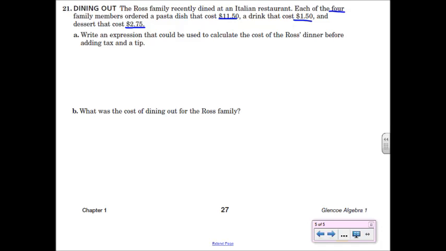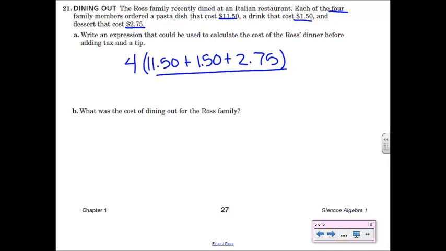So there's 4 meals that look exactly like that. So if we were to write an expression, I would say, well, here's how much one meal costs. Here's when I multiply it by 4, that's how much they're all going to cost. So what was the cost of dining out for the Ross family?